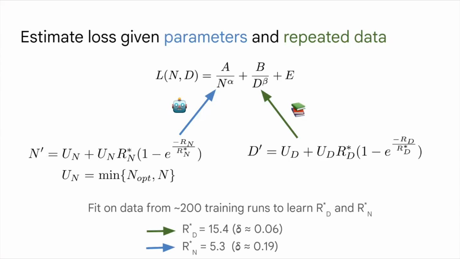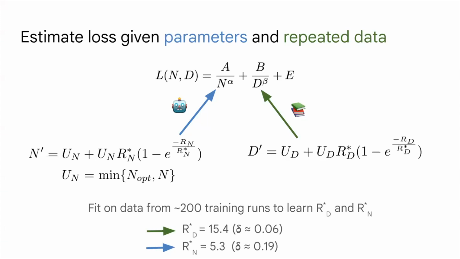But what those correspond to is 15.4 for Rd star means that at roughly 15.4 repetitions, or roughly 16 epochs, we start to see very stark diminishing returns in the return that we get from further repetitions. And this corresponds to a delta of 0.06.